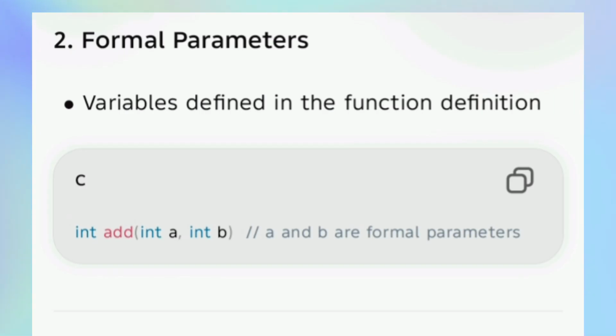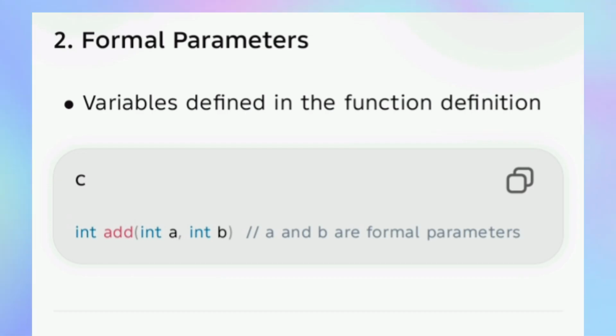Formal parameters: variables defined in the function definition are called formal parameters. In int add, int is the return type and add is the function name. To pass the formal parameters we write int a, int b.